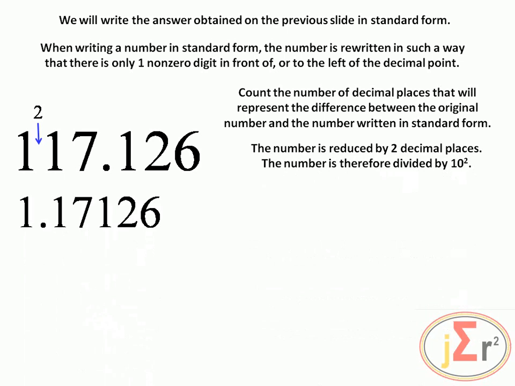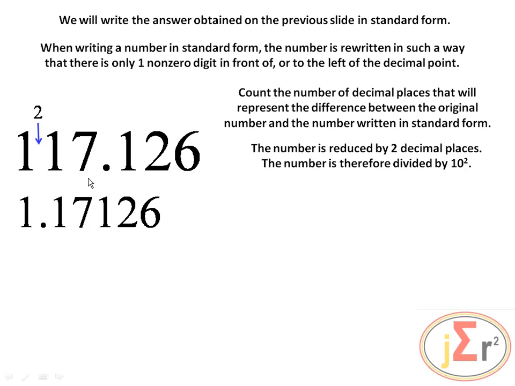So here we have the number written like so, 1.17126. We are sure that this number is smaller than the original by 2 places of decimal. 2 places of decimal is related to 100, 10 to the power of 2.